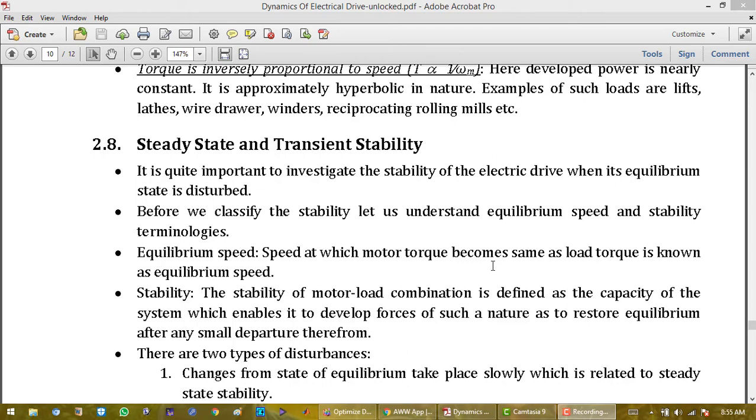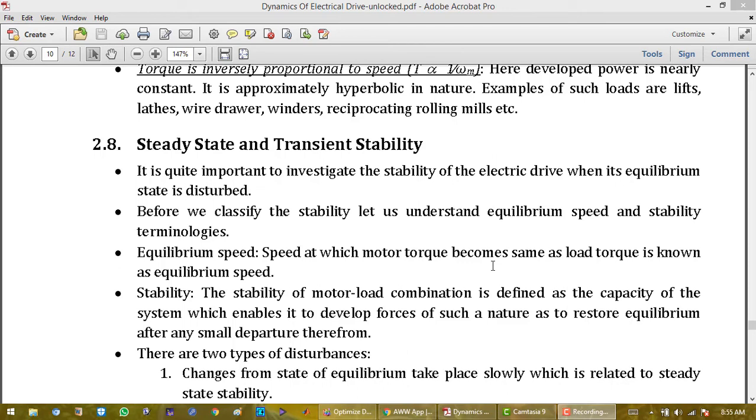Now when some disturbance appears in the system, the concept of stability comes into the picture. Stability is the capacity of the system which enables it to develop forces of such a nature as to restore the equilibrium after any small departure therefrom.